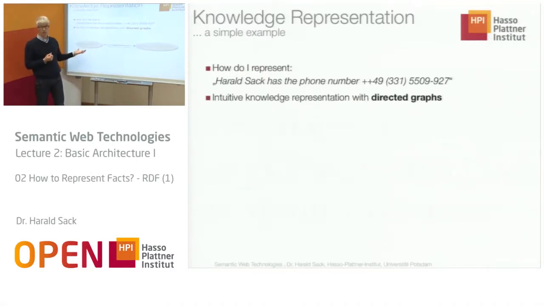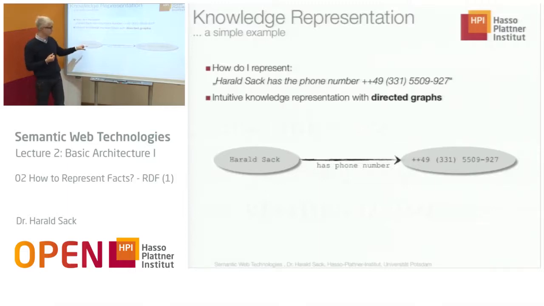So, for example, here, the first node of the graph, that's me. The second node of the graph, that's the phone number. And I make a connection between these 2 nodes and say, this node is connected with the other node. And the connection itself has the property that it is the phone number. So I have the phone number that you see here.